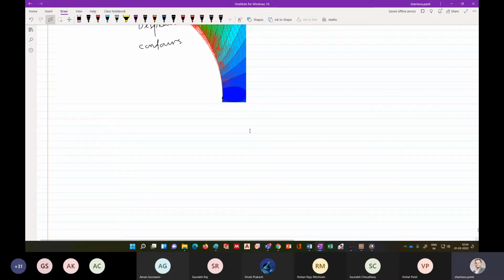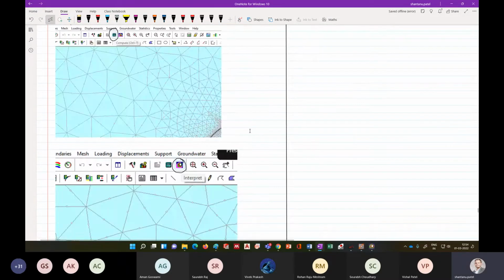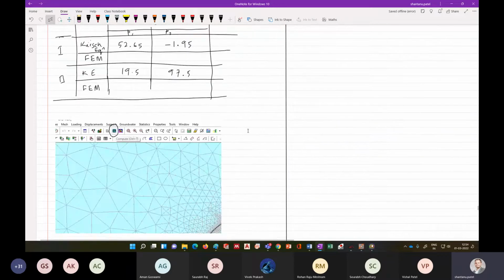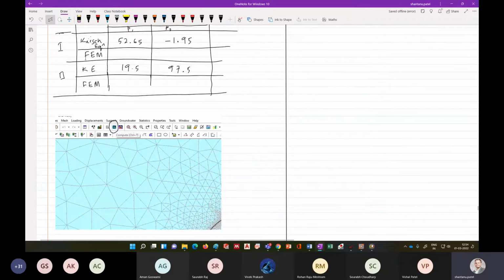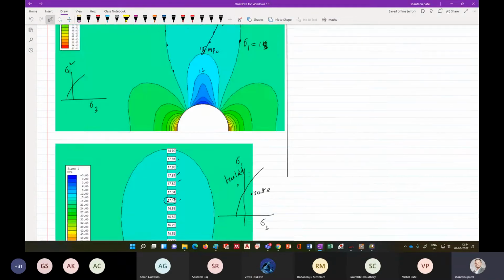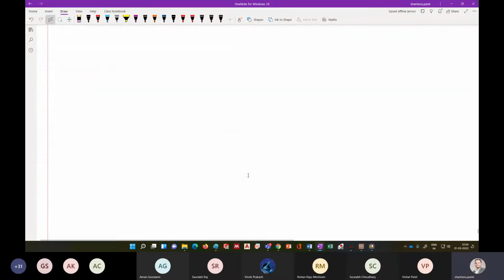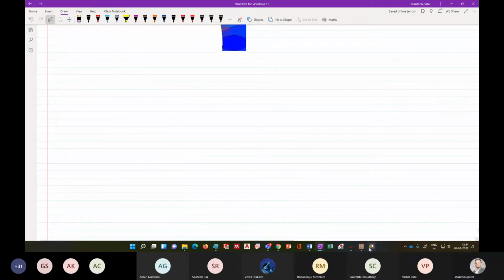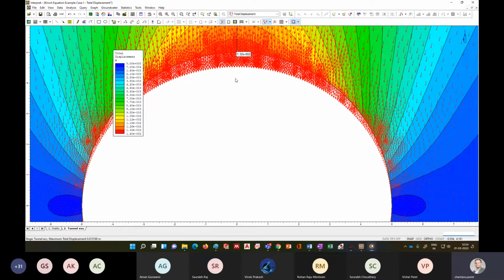Okay, so now our main point was to compare our Kirsch equation and APM, whether it is behaving correctly or giving us the correct result or not, right? So for that, what we are going to do is look at the stresses here.